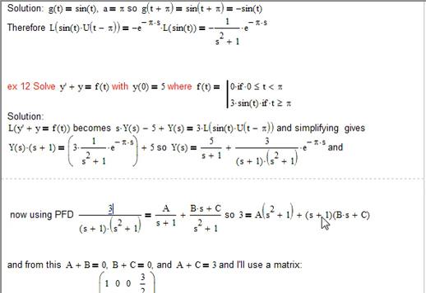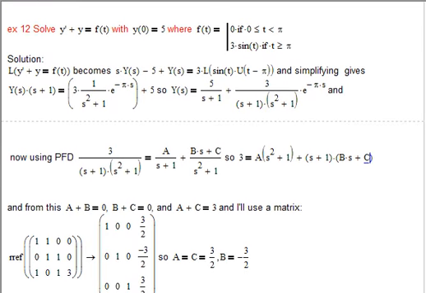B plus C equals 0, because there's no s term, and that's how we get an s term, this Bs and this Cs, and they add together to make 0. And finally, A plus C is the only constant, and that has to be equal to 3.